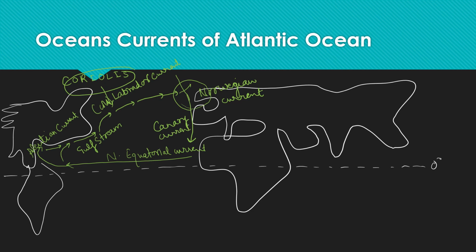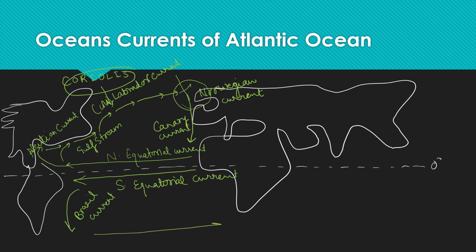This is the northern hemisphere circulation. The same circulation we have in the southern hemisphere. This is known as the southern equatorial current, and it will move towards the circulation, and this is the Brazil current, named after the country. Then it will get drifted, that is known as the westward drift. It is the westward drift.